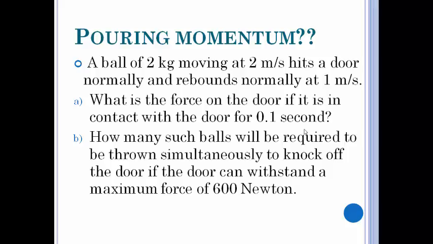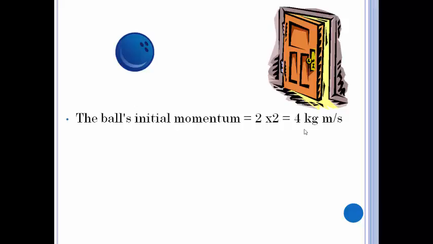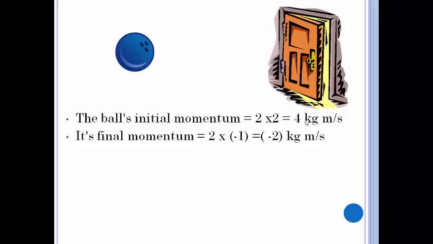Okay, so let us imagine the scenario. A ball and a door. The ball hits the door and rebounds from the door at given speeds. So the ball's initial momentum will be mass of the ball into its initial velocity, that will be 4 kg meter per second.